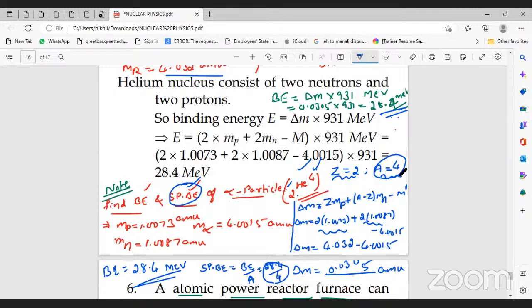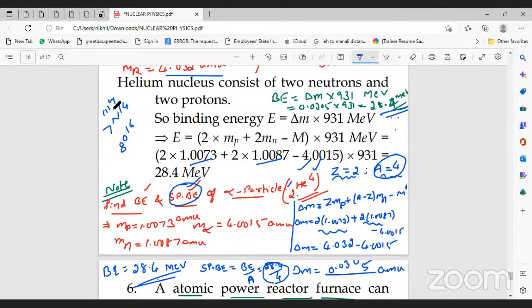So students, you have to be very careful if they are asking you to find the binding energy and specific binding energy of a given nuclei like 2He4. Similarly, they may ask other types like 7N14 or 8O16. Anyway, the mass of the proton and the mass of the neutron will be the same.